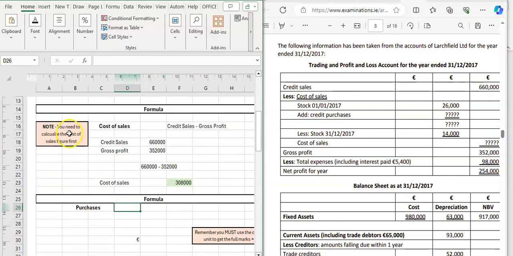So our cost of sales figure is 308,000, and we're adding on our closing stock figure to that, which is 14,000, and then we're taking away our opening stock figure, which is 26,000. So that is 308,000 plus 14,000, and from that you're going to take away 26,000.